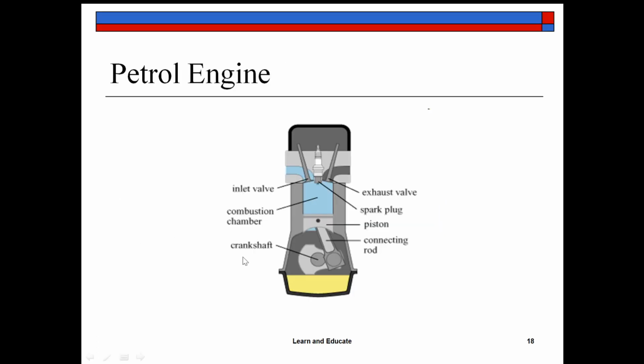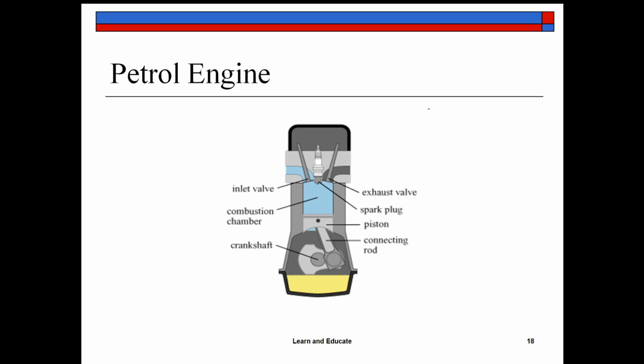So these are the different parts in particular to the petrol engine. The common parts are two valves, inlet and exhaust valve, combustion chamber, piston, connecting rod, crankshaft, then the sump. All these are common. And the specific one, the part which is only there in the petrol engine, the spark ignition engine, is the spark plug, which is to start the ignition, to create a spark in the combustion chamber at the end of the compression stroke.